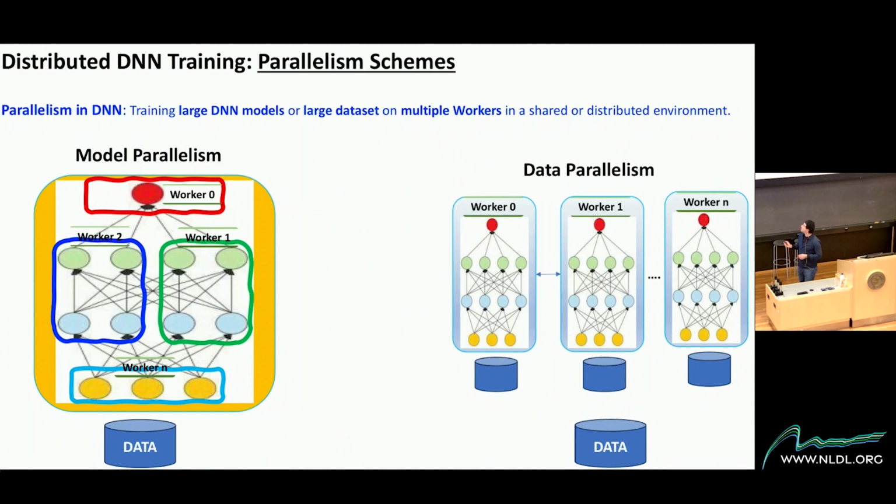On the other hand, for the data parallelism, you can see that this picture is replicated over multiple workers. So worker 0 has the same picture. But the particularity here of data parallelism is that the data is partitioned into multiple portions, such that each worker will operate on a different subset of data, but keeping the same target model.